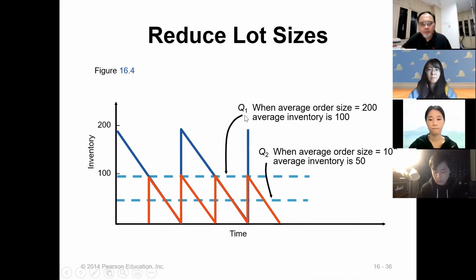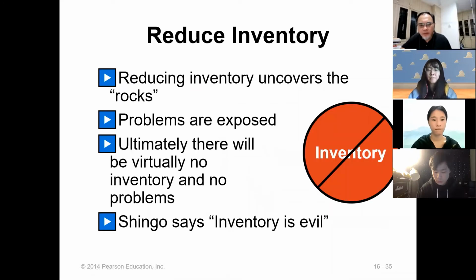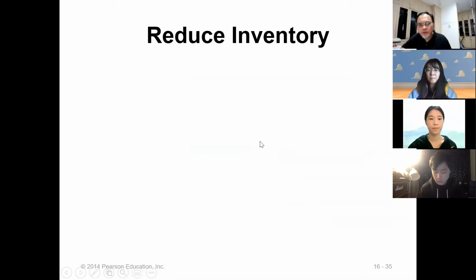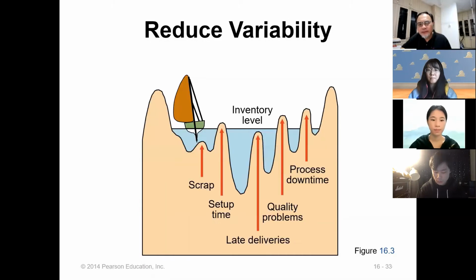Okay, I have already explained the basic introduction to Lean. One of the most important things in Lean is trying to reduce inventory, the stocks that we have in this supply chain or in the value chain.